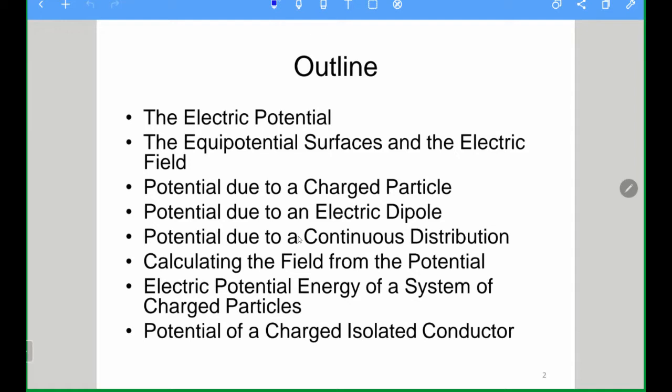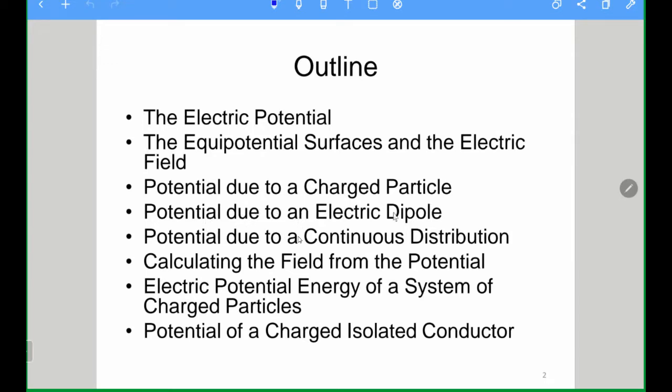The equal potential surfaces are related to the electric field lines, so they are perpendicular to the electric field lines. And then we will talk about the potential due to different structures, just like what we did in previous chapters.